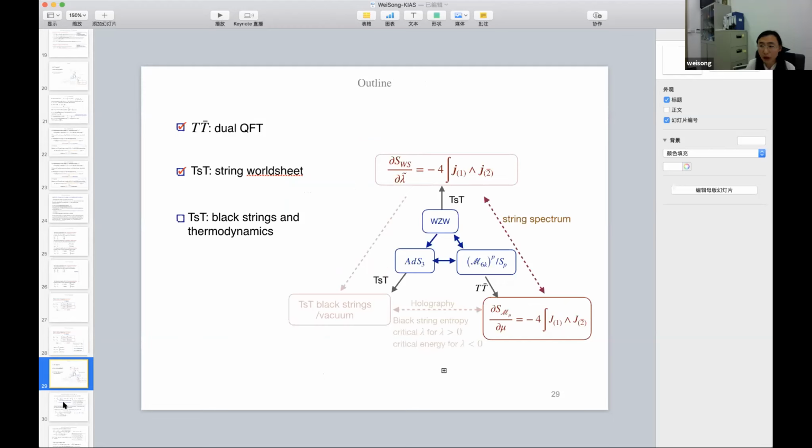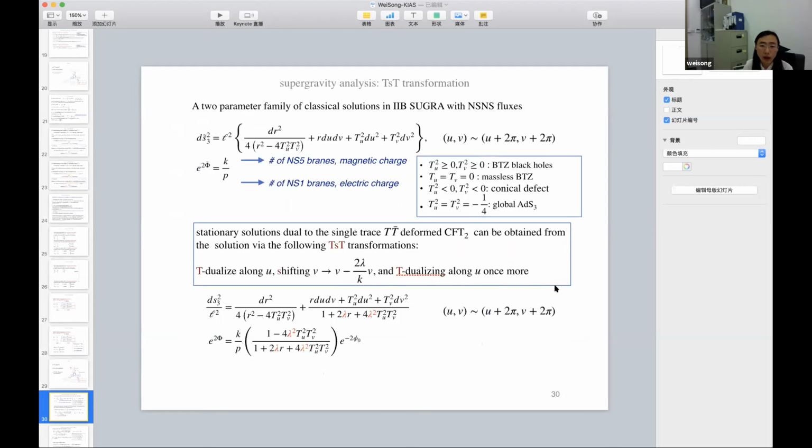I'll describe the black strings. As I mentioned, this geometry can also be obtained by this TST transformation. So before this deformation, let's consider the general BTZ solutions.